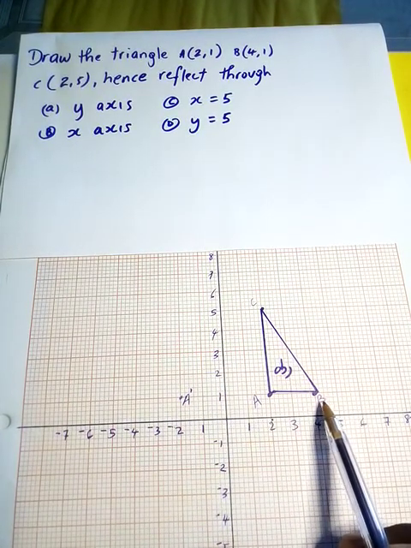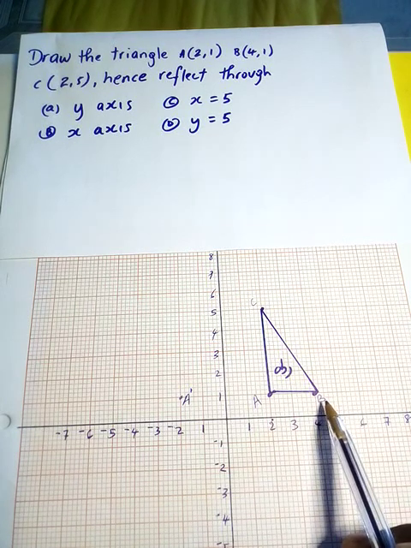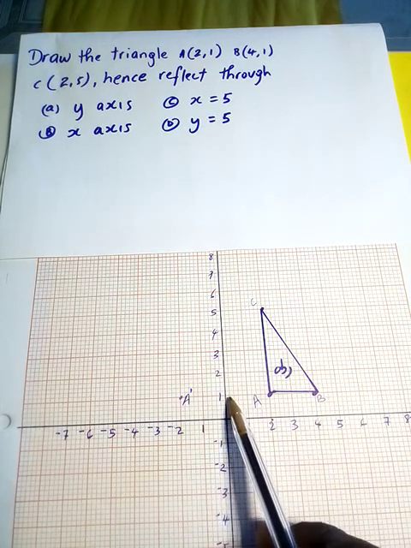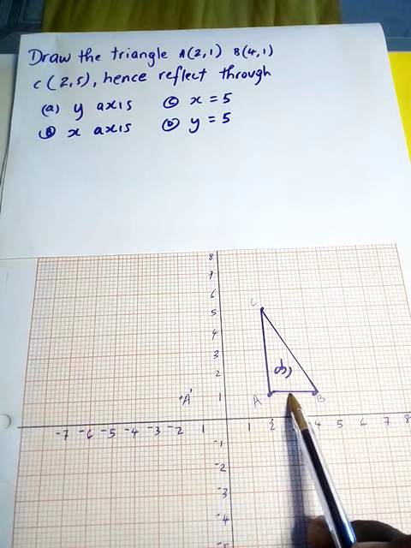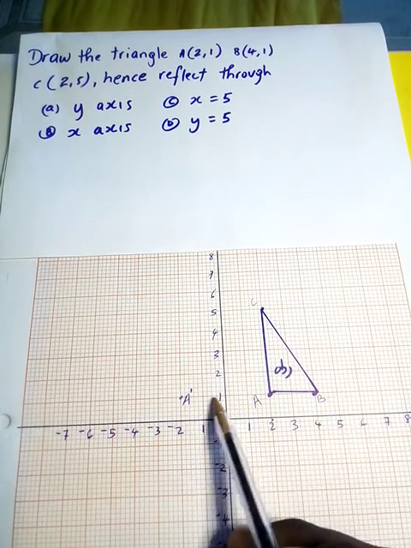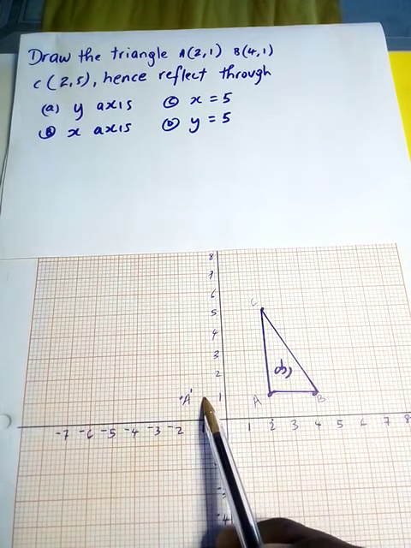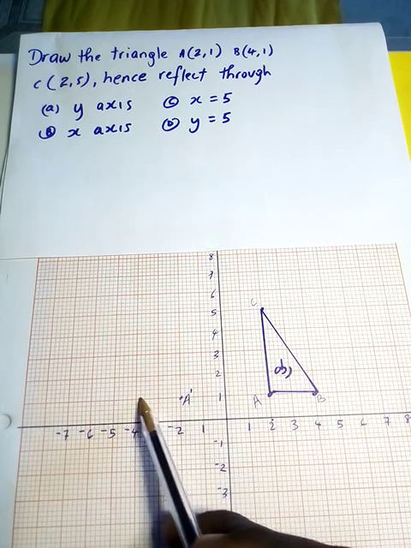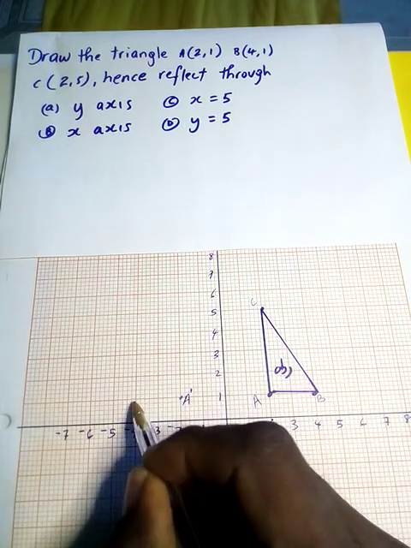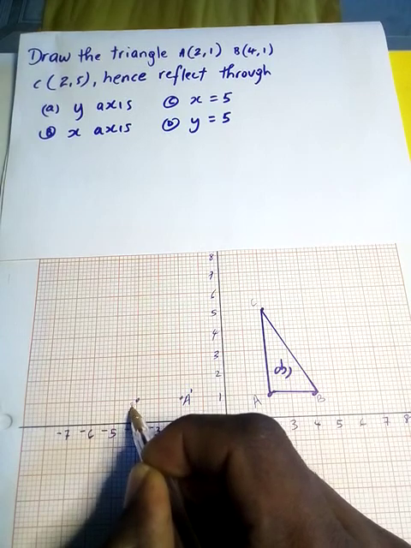How many space is B from the mirror line? 1 unit, 2 unit, 3 unit, 4 unit. So I go over the other side, opposite. 1 unit, 2 unit, 3 unit, 4 unit. So B prime will fall right here.